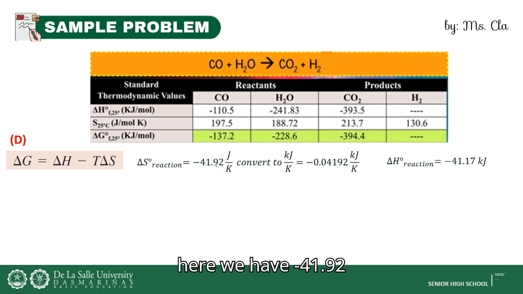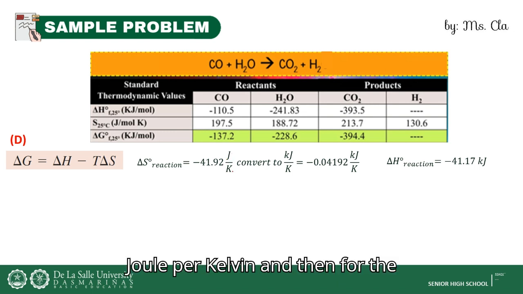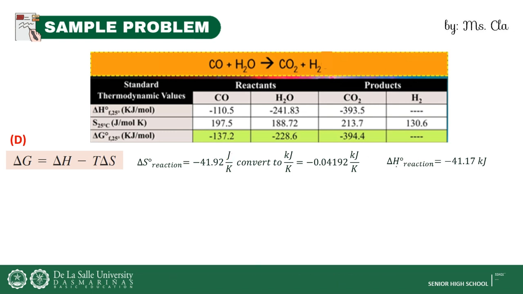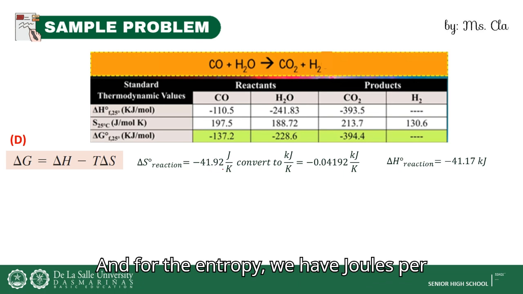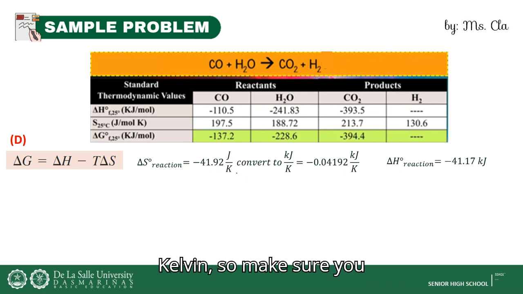We have negative 41.92 joule per Kelvin. And for the enthalpy, we have negative 41.17 kilojoule. So take note of the units: we have kilojoule for the enthalpy and joules per Kelvin for the entropy. Make sure you convert the entropy to kilojoule per Kelvin to match the unit of the enthalpy.